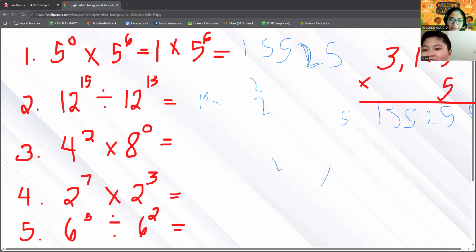Am I doing something wrong? Okay, 5 times 5, 25. 5 times 2, that would be 10 plus 2, 12. Carry 1. This is why I don't like math.